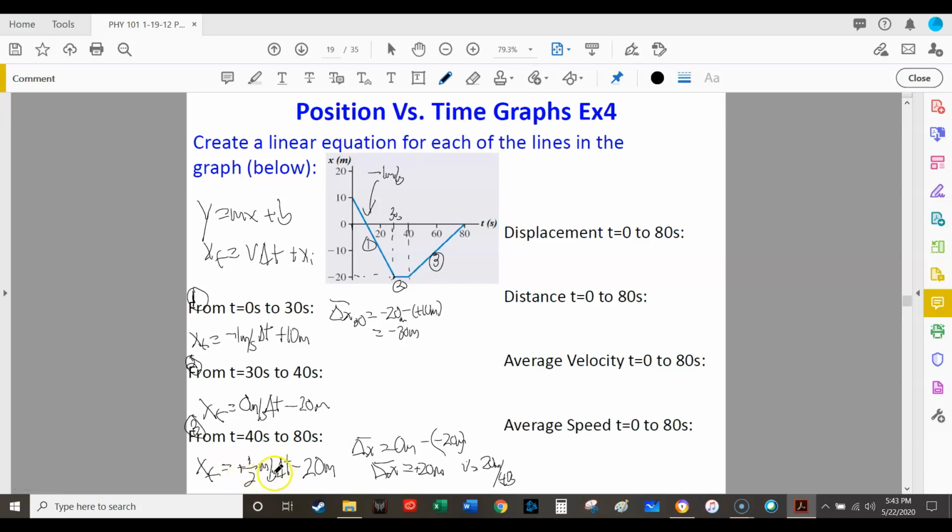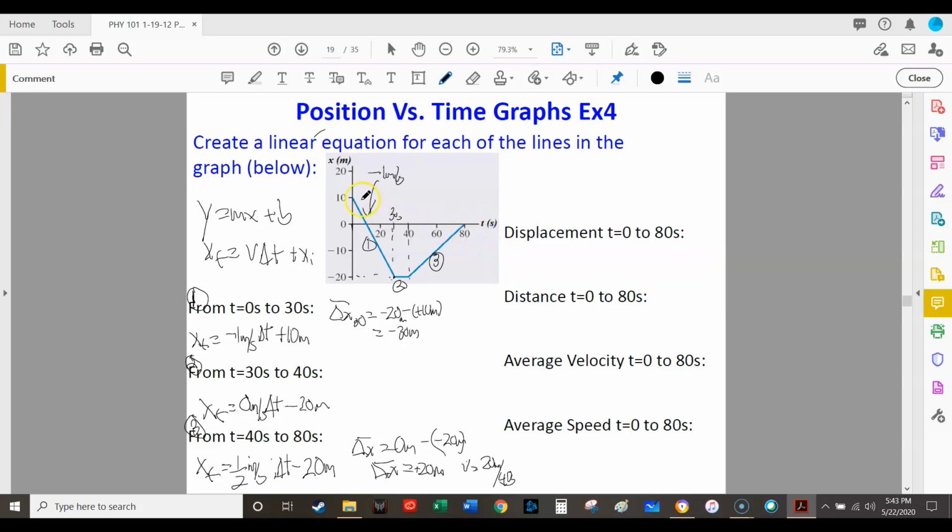Let me rewrite that so it's legible. So this is going to be 1/2 meter per second.